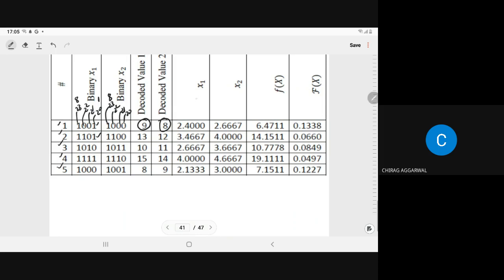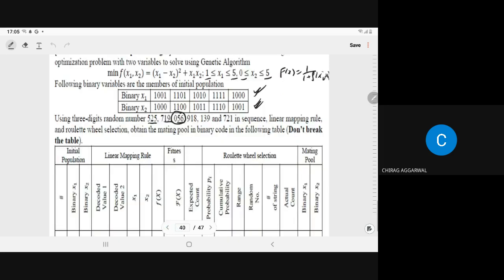Then after we have to take the x1. So what is the formula of x1? x1 lower plus (x1 upper minus x1 lower) upon (2 to power l minus 1) into decoded value. So the x1 range is given to you as 1, right?